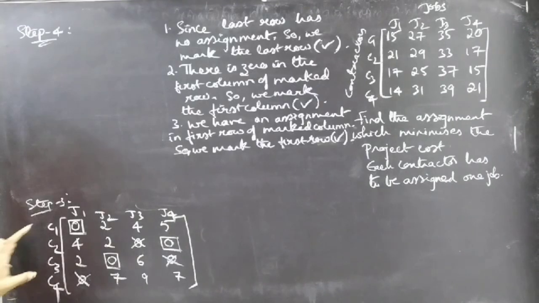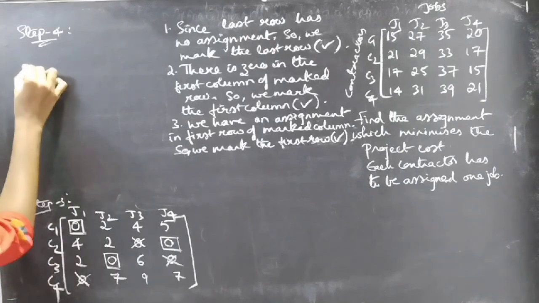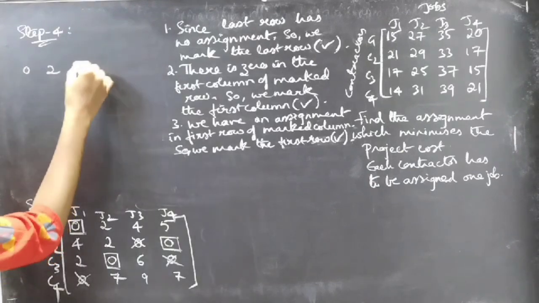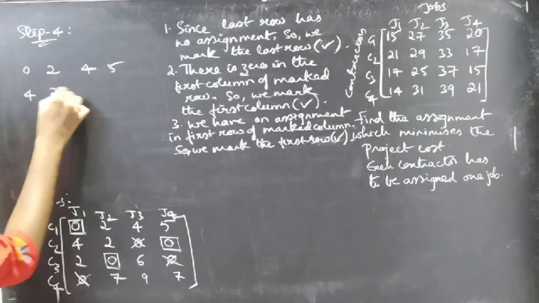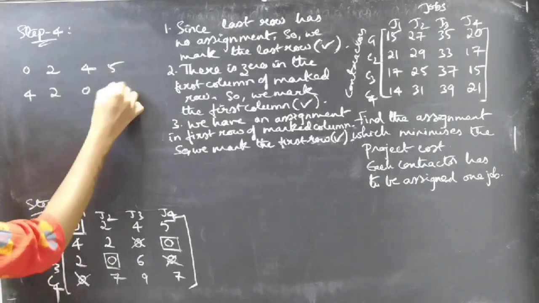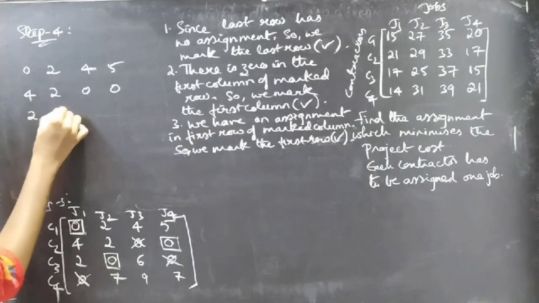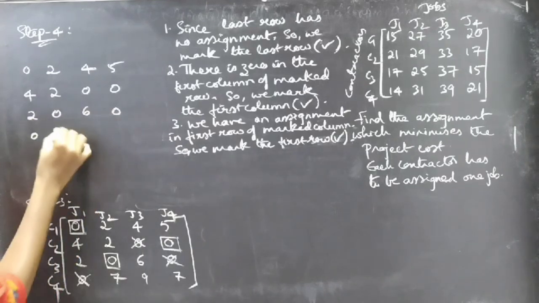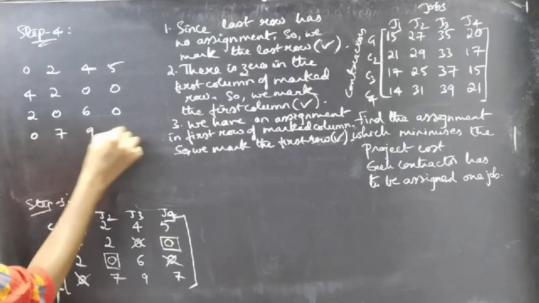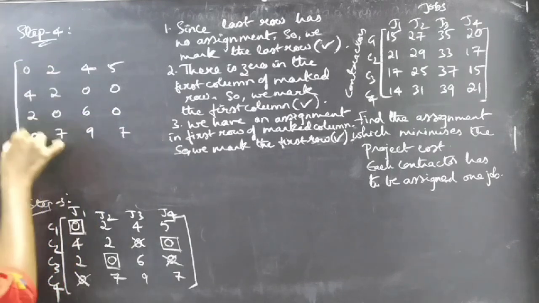Now we'll take the reduced matrix of step 3: 0, 2, 4, 5, 4, 2, 0, 0, 2, 0, 6, 0, 0, 7, 9, 7.